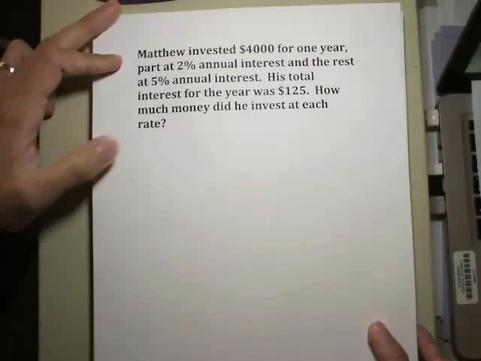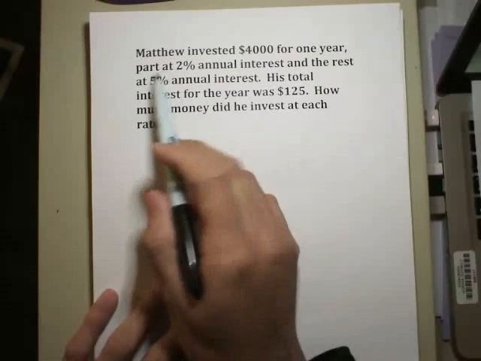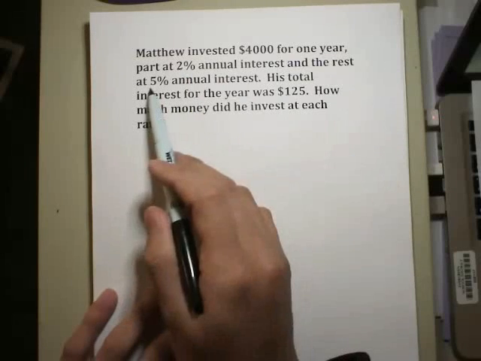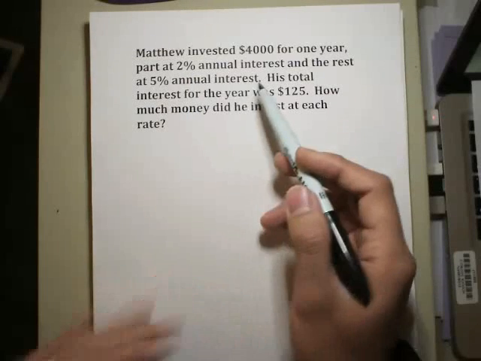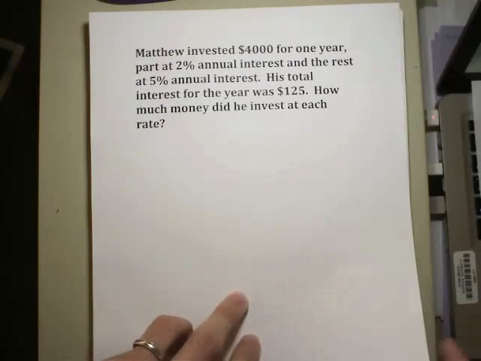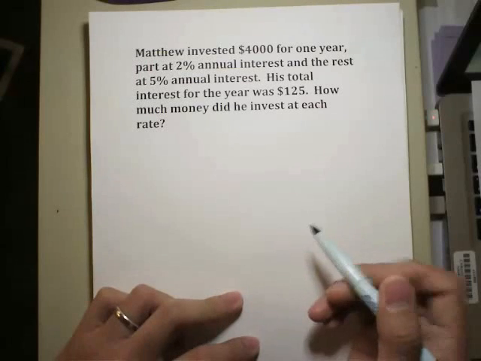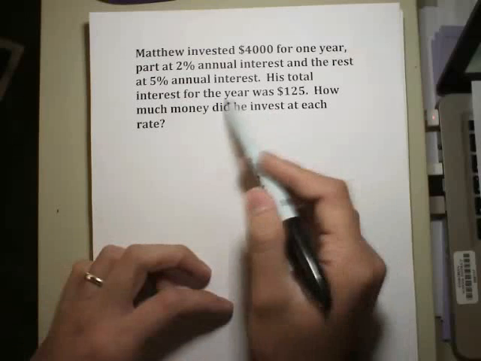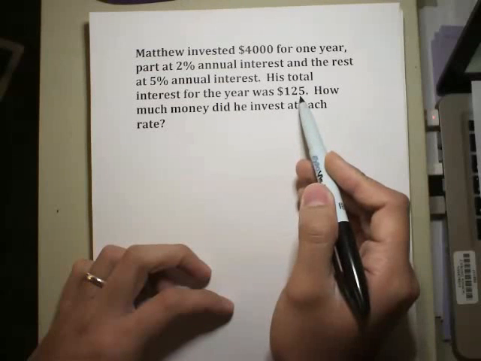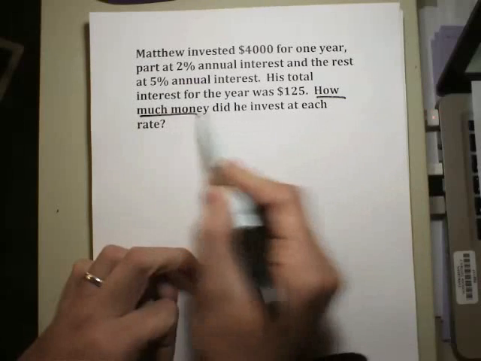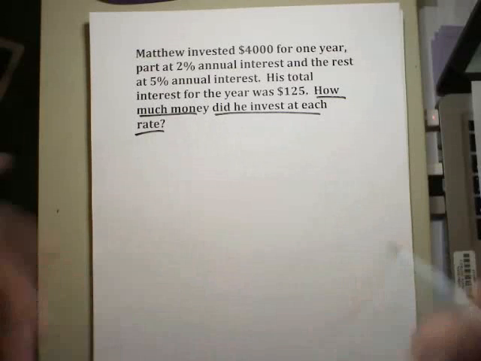If you read on, it says that part of this money will go into a 2% annual interest, and the rest at 5% annual interest. So you can see right away that he wants to invest his money into 2 different banks. At the end of the year, he will get a total interest from both banks of $125. So the question now is, how much money did he invest at each rate? It means in each bank.